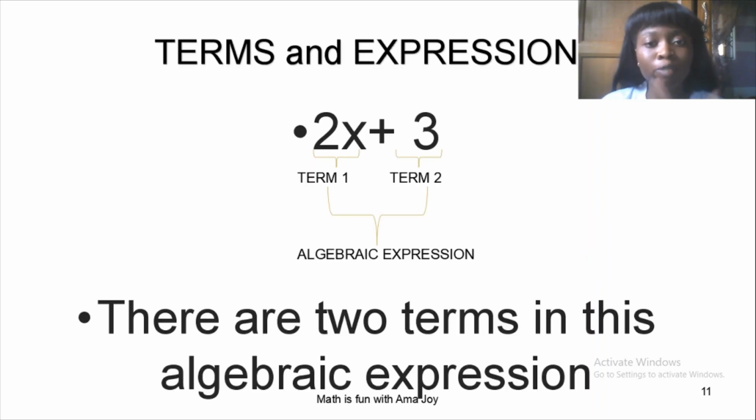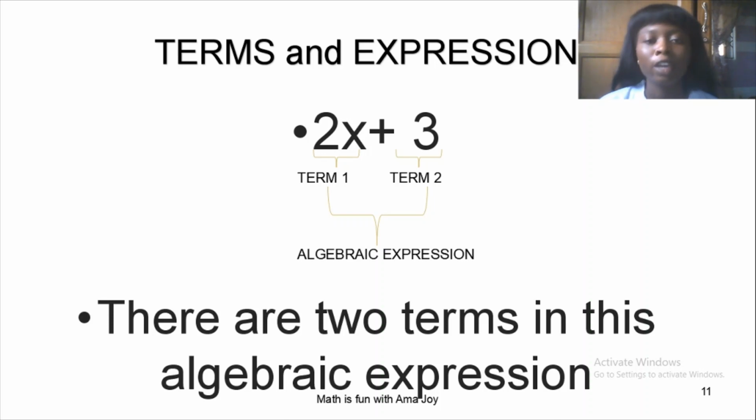So now we have 2x plus 3, and the plus is separating 2x and 3. So there are two sides to the coin. We have 2x and 3. The plus is giving us the boundary. 2x is one family, 3 is also one family. So with this, we have two terms. These two terms give us one algebraic expression.